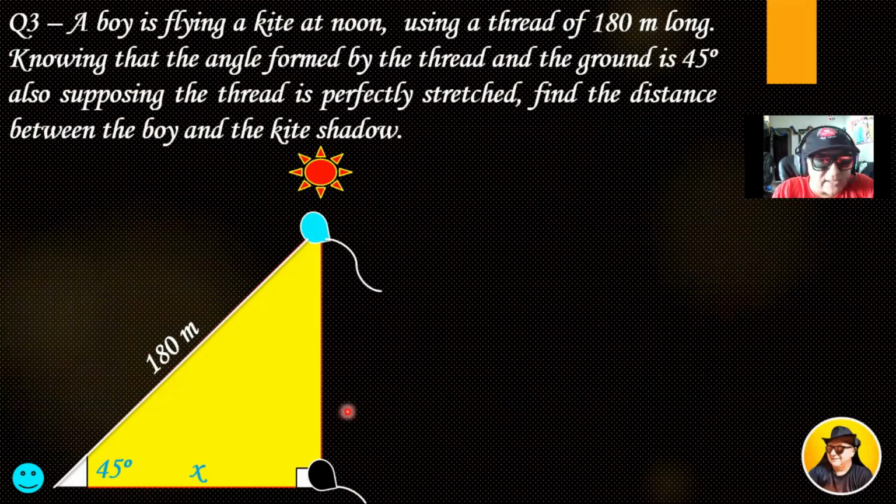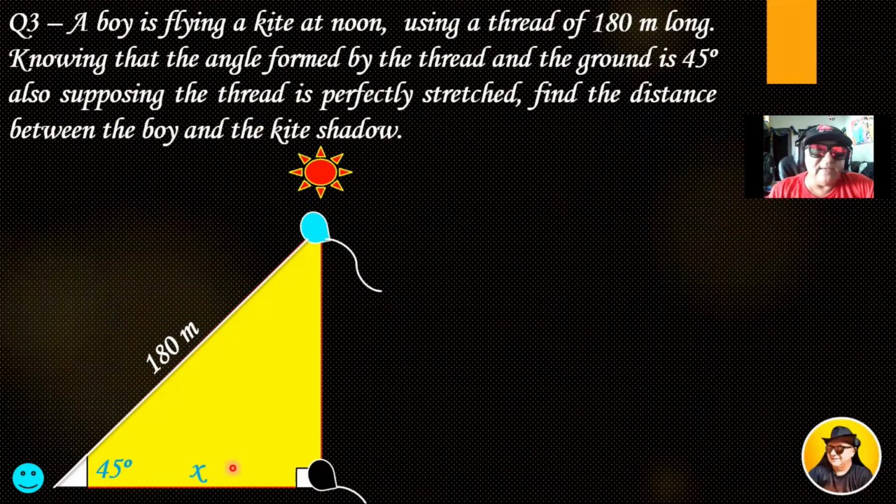If this is the right angle, 180 meters is the hypotenuse. And 45 is the degree here of this triangle, and x is here. So x is a leg. But is it the opposite side or the adjacent side to 45 degrees? Yes, it is the adjacent side to 45 degrees.